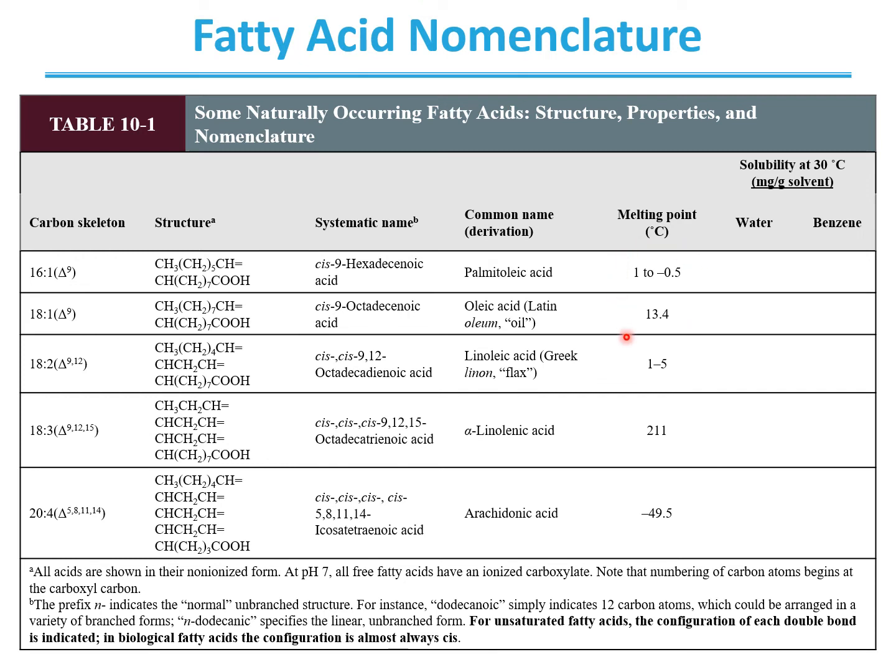And now you can see that the melting point is a lot lower for these fatty acids as soon as there is one double bond in their chain. The double bonds here are in the cis configuration, which is the configuration that is biologically normal to have.